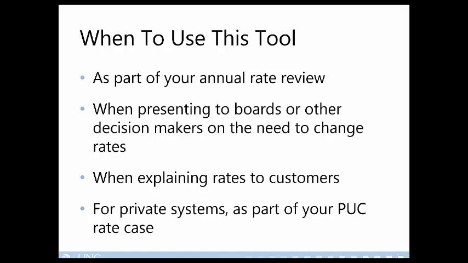A third way this tool could be helpful to you is in explaining your rates to your customers. We hope you have rates that are easily understood by your customers, and that perhaps you're using the rates to send certain signals to them about conserving or about affordability or full cost pricing, whatever the case may be.